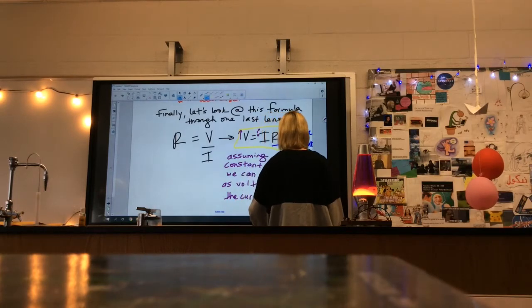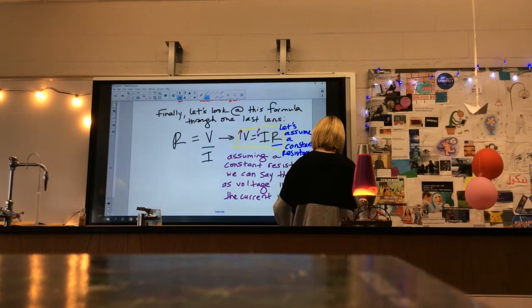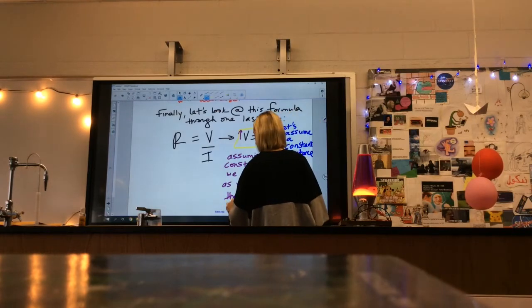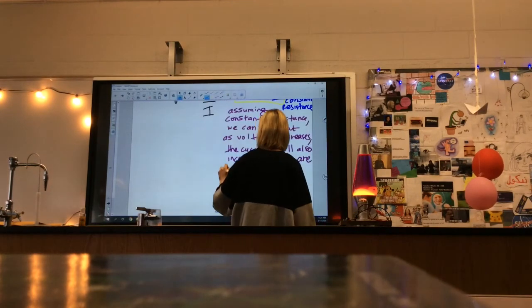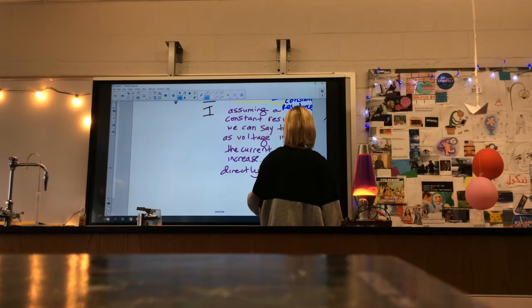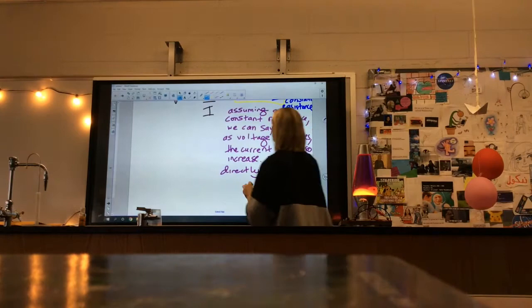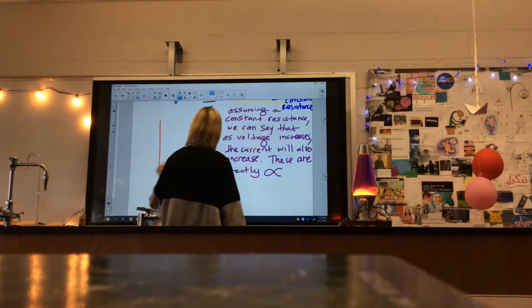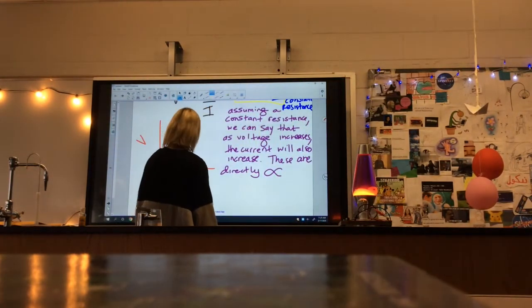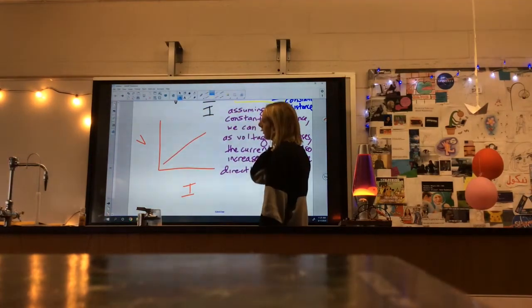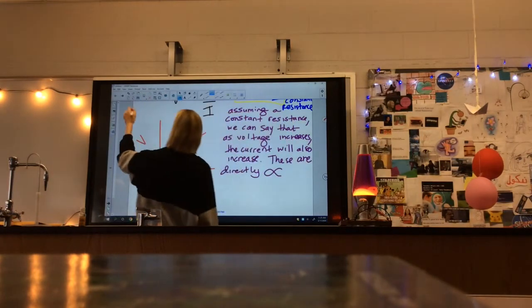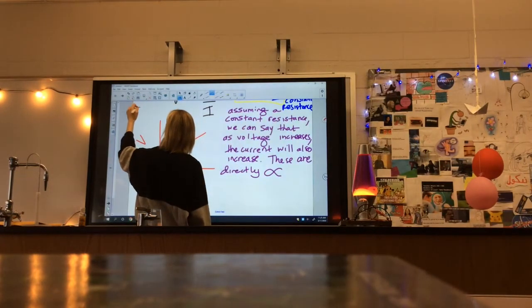And this is pretty intuitive. These are directly proportional. Remember that symbol means proportional. So I can actually graph that. We can do voltage versus current, show a direct relationship here. And this graph represents an ohmic resistor.